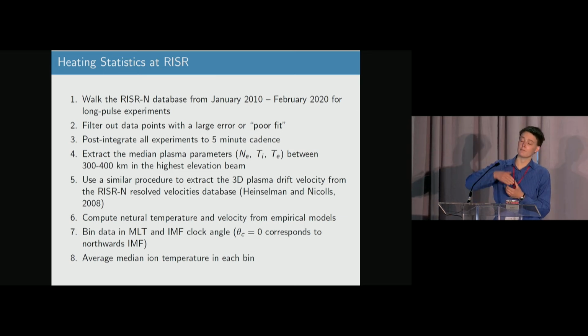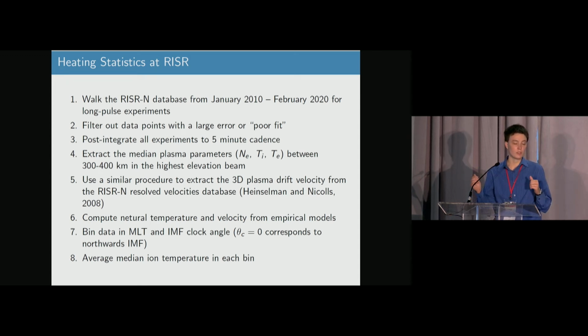We're looking at a vertical profile, so extract the median plasma parameters, so electron density, ion temperature, and electron temperature between 300 and 400 kilometers. So we're trying to look at just the F region. We do that for the entire 10 years.